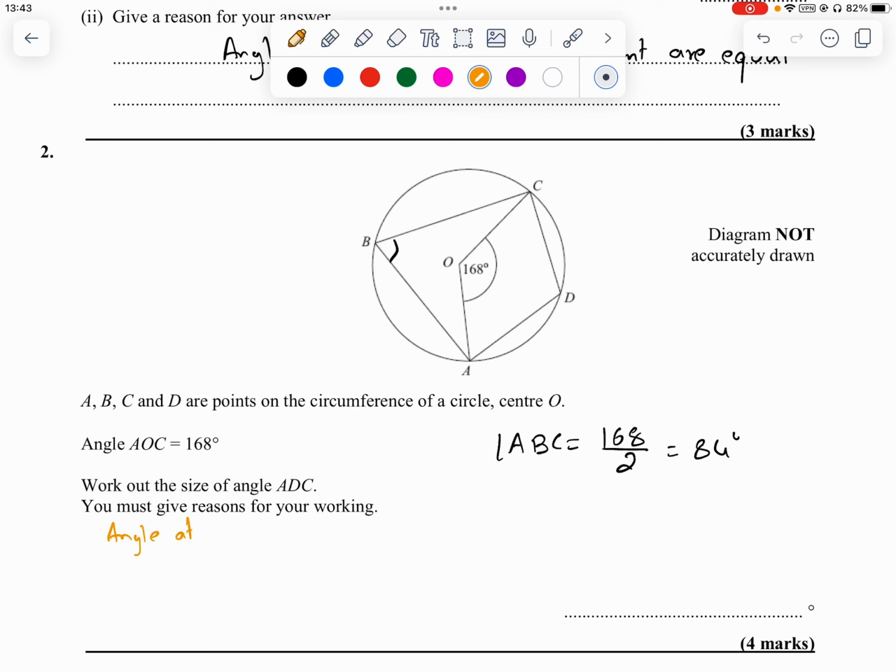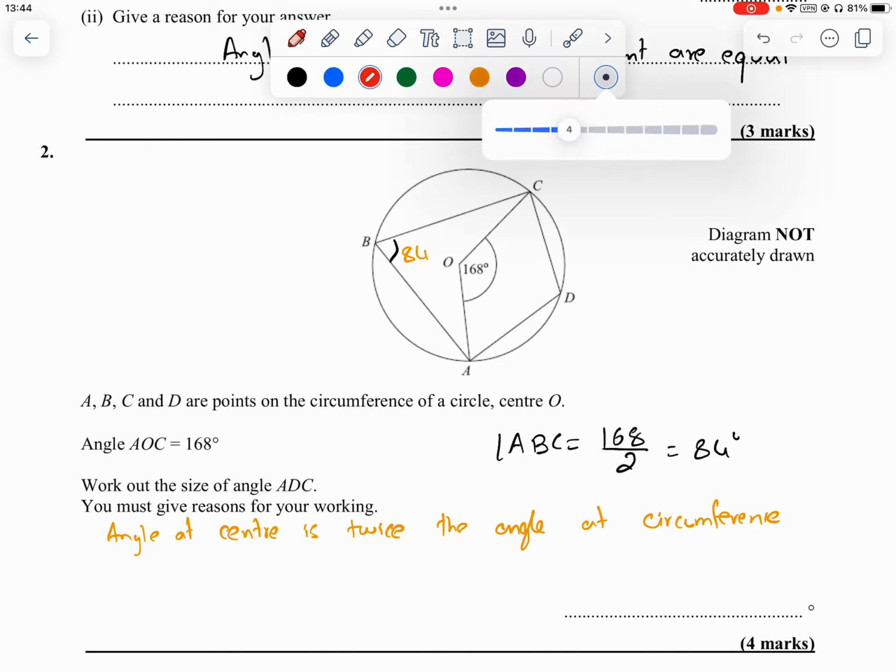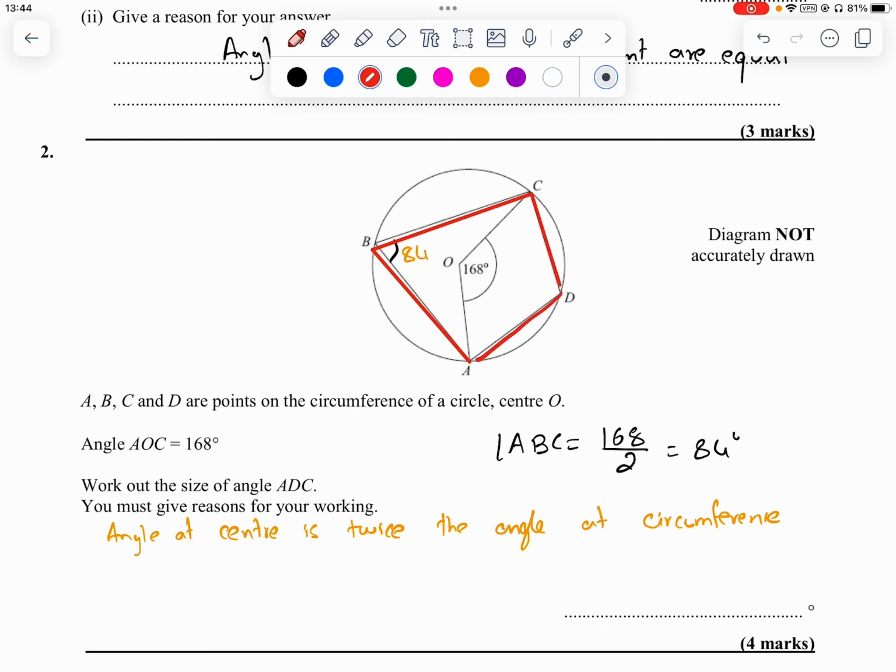Angle at center is twice the angle at circumference. Now that's 84. Now we know that ABCD is a cyclic quadrilateral. Sum of opposite angles in a cyclic quadrilateral is 180 degrees.